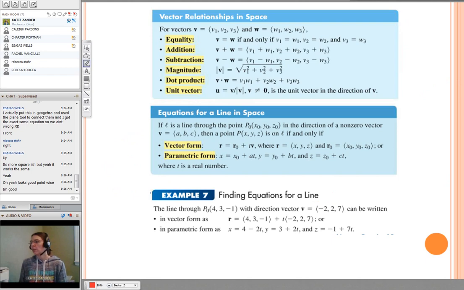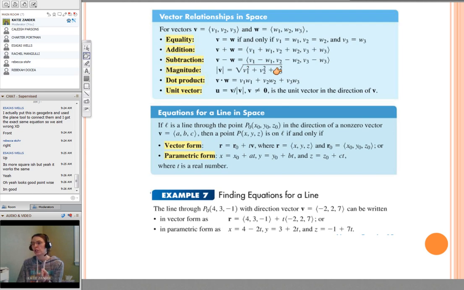All right, we want to extend our three dimensionals into our vector relationships in space. We kind of already looked at this, so this is nothing new for you. Hopefully you don't need to add this part to your notes. But again, just notice that when we're doing addition, we add those third z terms together. Same thing with subtraction.